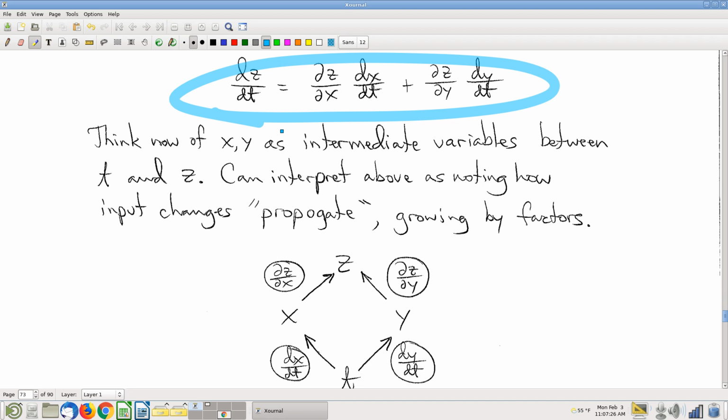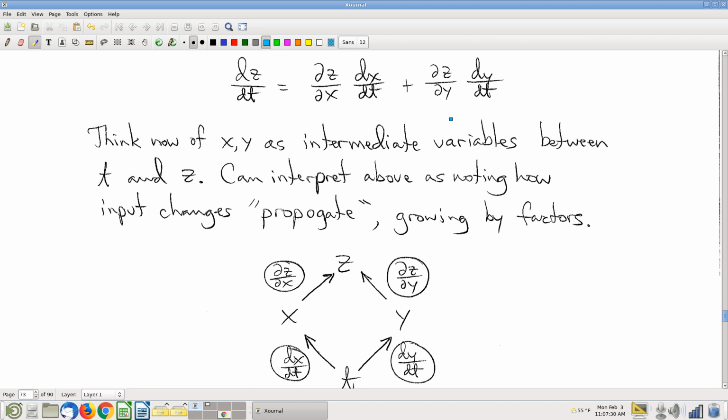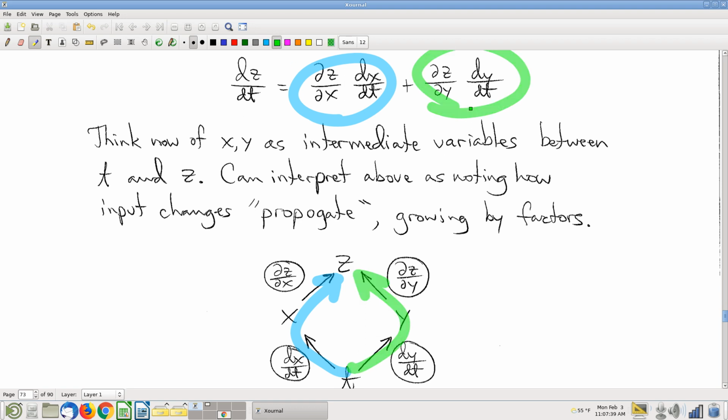Or, depending on your perspective, maybe a little more intuitively, this formula is an observation about how changes propagate along these two different paths that between the two of them connect z to t overall.